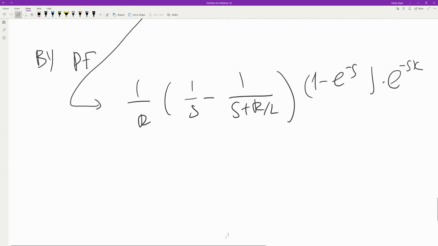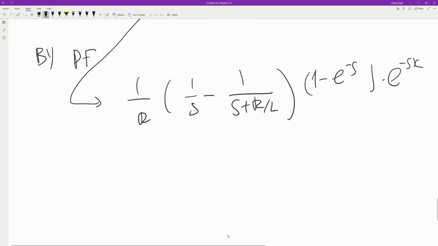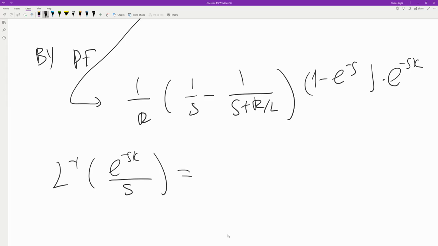Okay, and now I will use linearity. So I have e to the minus sk over s. That's one of the terms. Okay, so let me find them one by one.